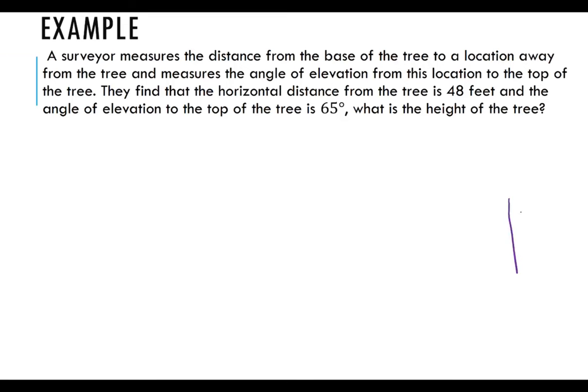So let me draw a bad tree. Like I said, it was going to be a bad tree. There we are. We're going to call this the base. So this person walks away from it. What's the distance that they walk away from the tree?